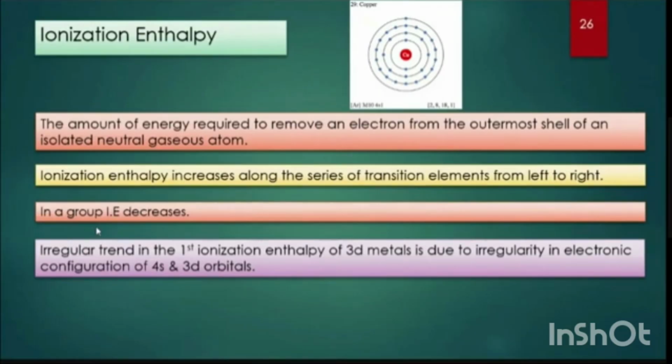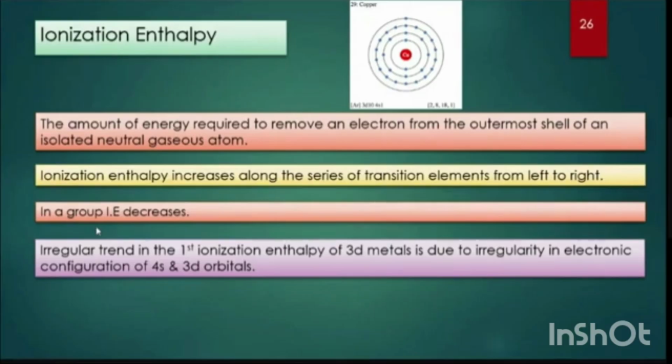First ionization enthalpy means the amount of energy required to remove the first electron from the outermost shell of an atom. So if you look at the first ionization enthalpy of the 3d transition series, we see an irregular trend, and this is due to irregularity in the electronic configuration of 4s and 3d orbitals.